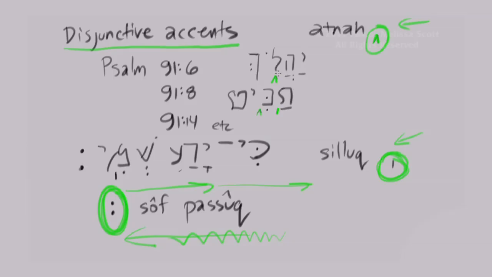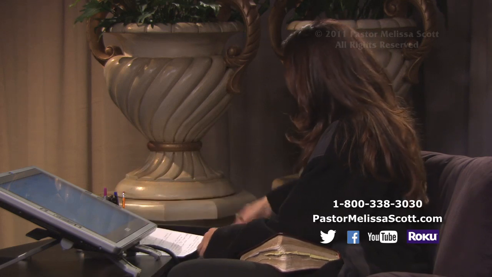The Athnach, see if I have anything on here. This marks the first half of the verse. So wherever this occurs in whatever word in a verse, let's see if we can find an example. I said verse 6. So let's see if this all is true here.